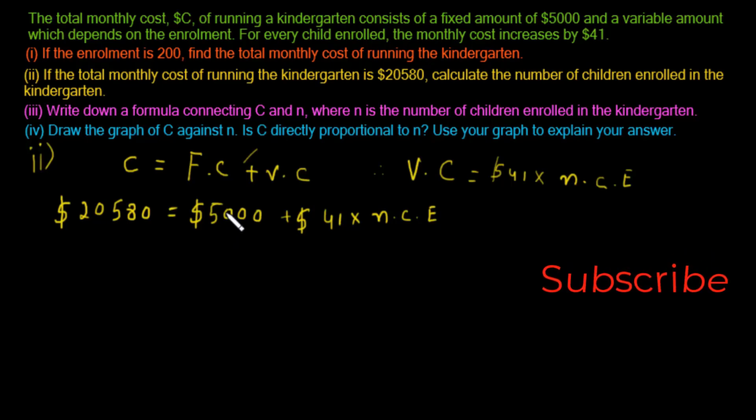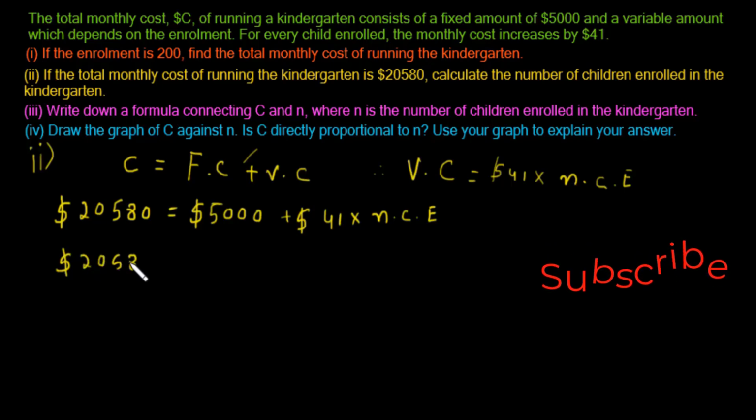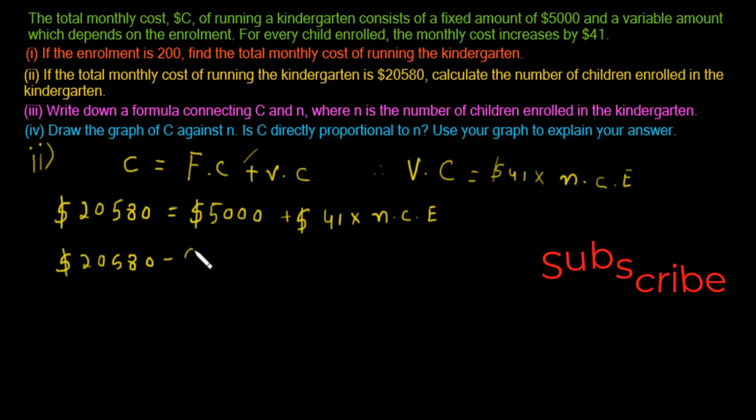Now taking this to the other side of the equality, its sign will be reversed. As it is plus on this side, on the other side of the equality its sign will be reversed, so it will be minus $5,000.